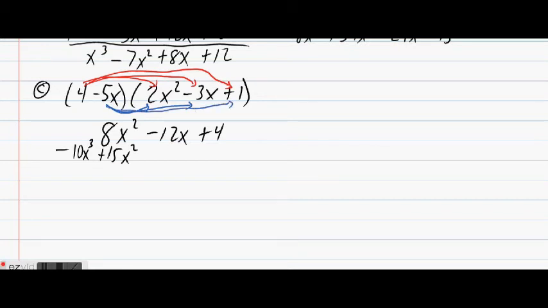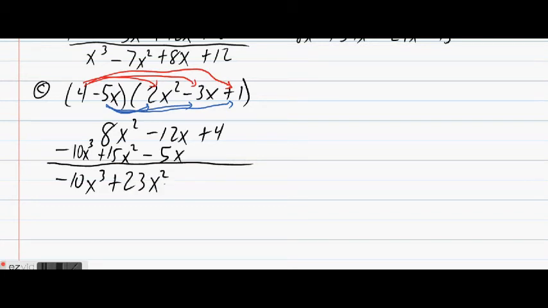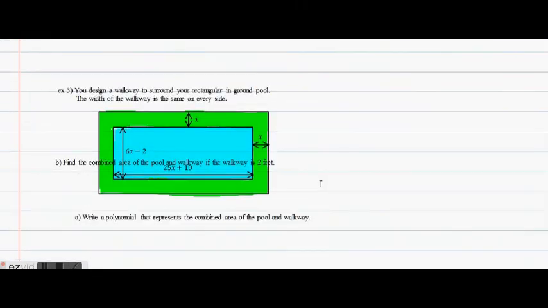And then negative 5x times 1 gives me negative 5x. Combine straight down. Negative 10x to the third plus 23x squared minus 17x plus 4. Sorry, I went a little off on the side, but you get the idea.